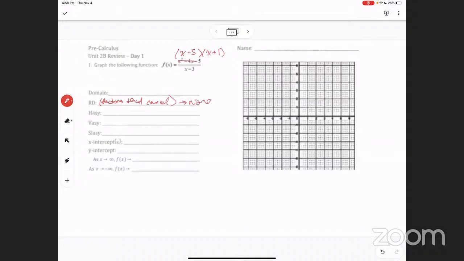The vertical asymptote is where we set the denominator equal to 0. So x minus 3 equals 0, which means x equals 3. There's my vertical asymptote.